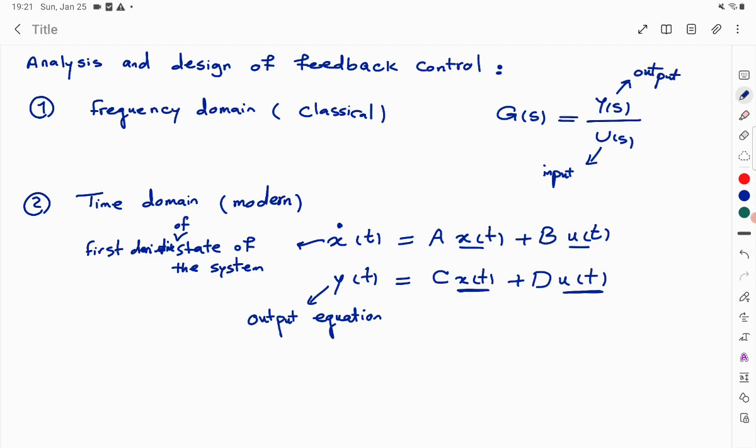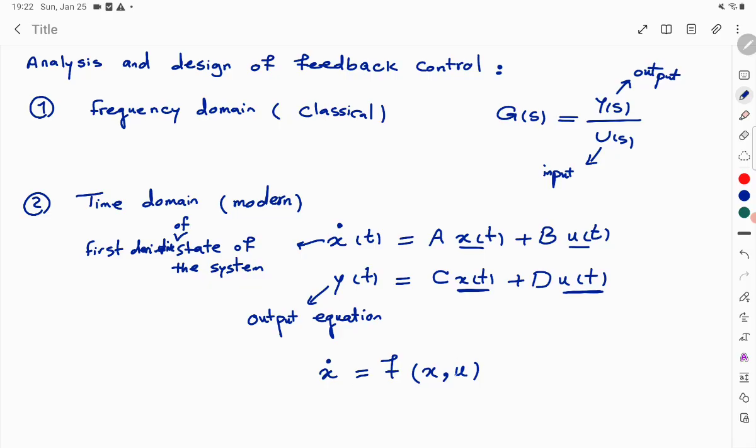This one is the linear one, but if we want the general representation for all dynamics, for instance, nonlinear, time variant, time invariant, we can consider the general form of state space, which is x dot equal to a function written based on the state of the system and input of the system.